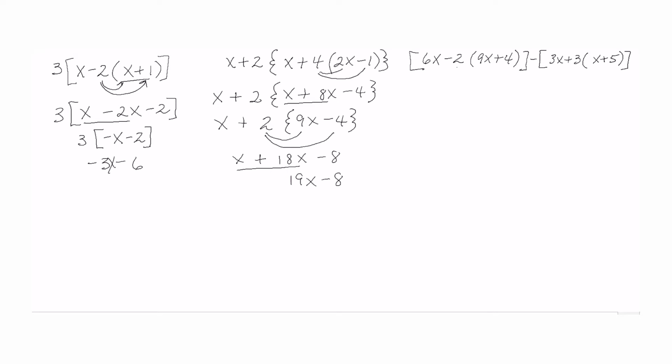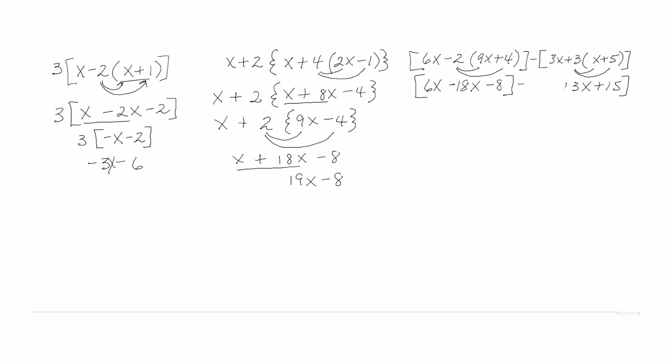Okay, so first things first, let's go ahead and distribute our negative 2 inside the parentheses. So that's going to give us minus 18x minus 8. Go ahead and bring down everything else. Now we can do the same thing over here, so we can go ahead and distribute that 3. That's going to give us 3x plus 15.